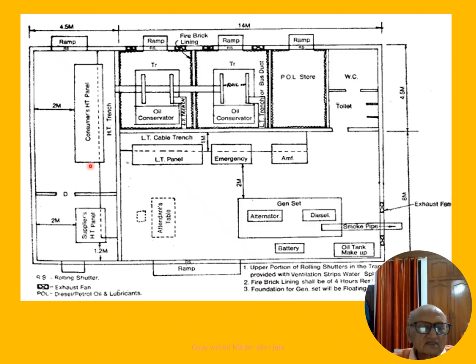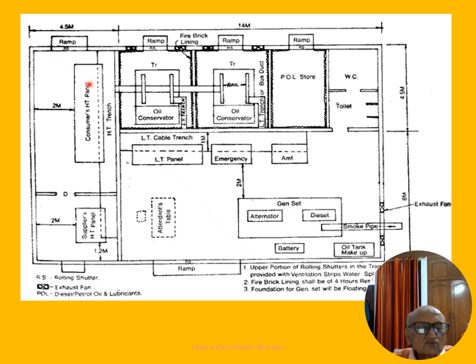The ST panel, if it is 11 kV, is approximately 2 meter wide, and length depends upon the number of transformers to be provided. In this case, there are two transformers. So we'll have three panels, one for incoming, second for the first transformer, and third for the second transformer. The supply is taken like this.